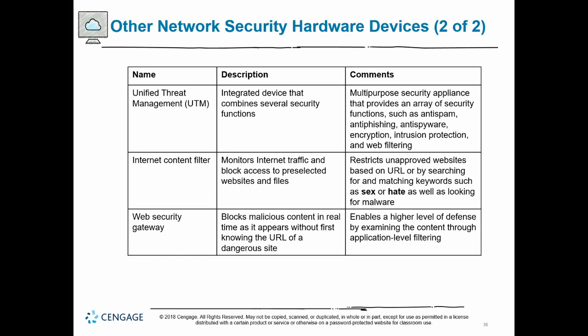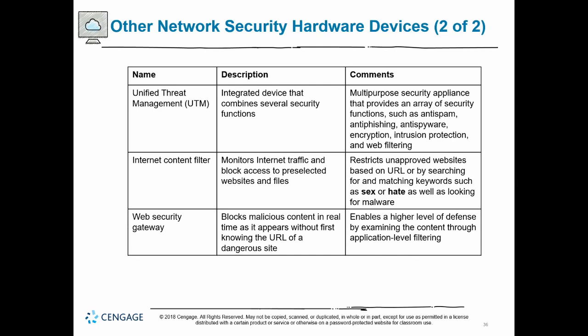UTM, unified threat management, an integrated device that combines several security functions. Internet content filter, monitors internet traffic and blocks access to pre-selected websites and filters files. Web security gateway, blocks malicious content in real time as it appears without first knowing the URL of a dangerous site.